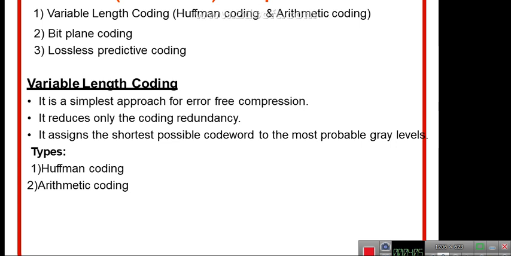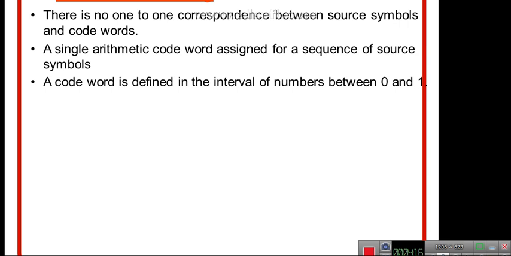It reduces only the coding redundancy and assigns the shortest possible code word to the most probable value. In arithmetic coding, there is no one-to-one correspondence between source symbols and code words. A single arithmetic code word is assigned to a sequence of source symbols, and the code word is defined in the interval of numbers between 0 and 1.